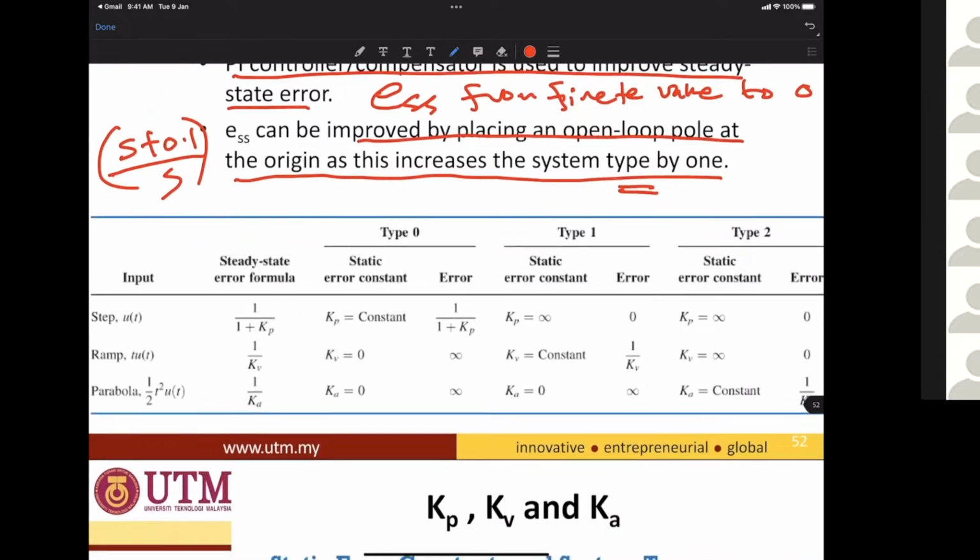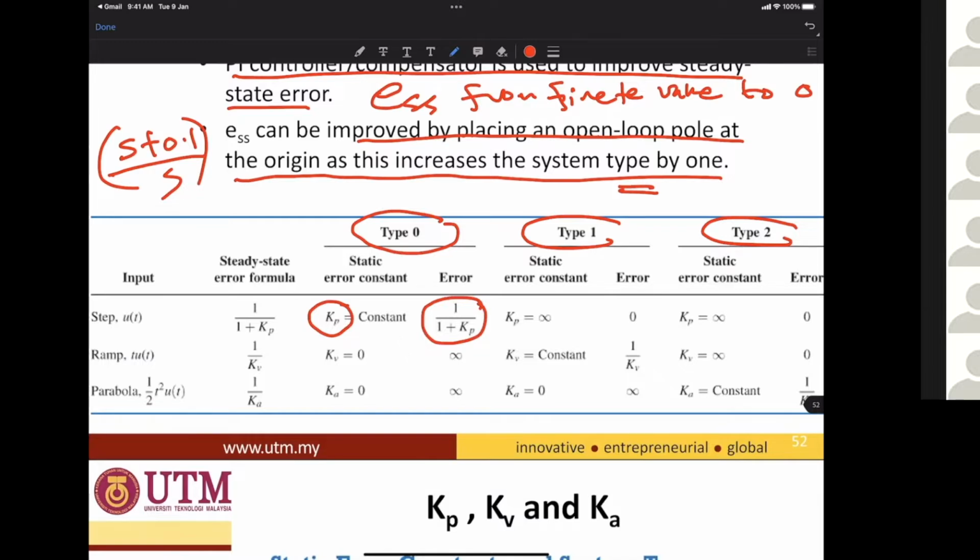So system type ada tiga jenis, type 0, type 1 and type 2. For type 0, always relate to the KP, position error constant, and the error is E is equal to 1 over 1 plus KP.